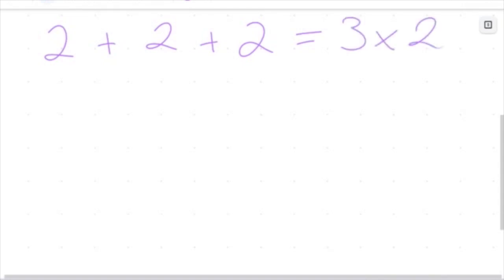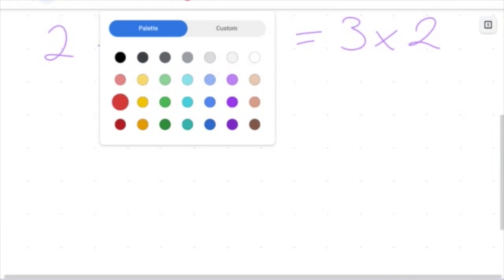So for example, 2 plus 2 plus 2, we wrote that as a shortcut: we have 3 groups of 2, or 3 times 2. This multiplication was a shorthand, a shortcut way of writing this. We talked about the example of an abbreviation. So let me actually make a quick note of that.